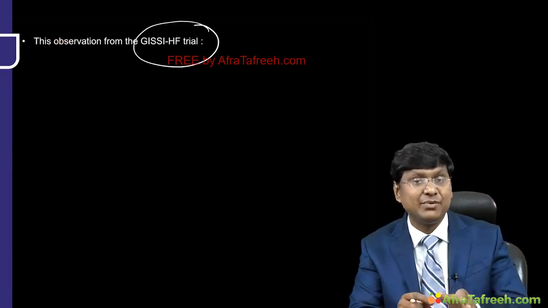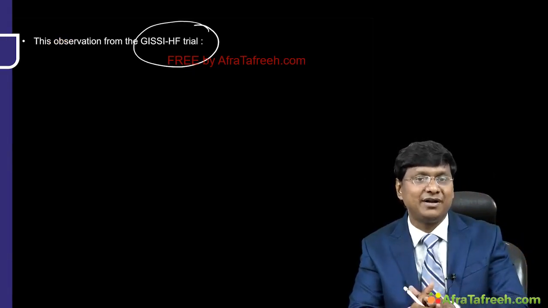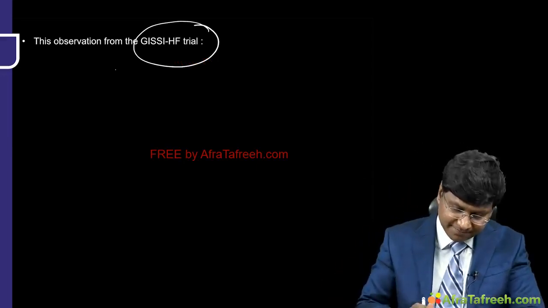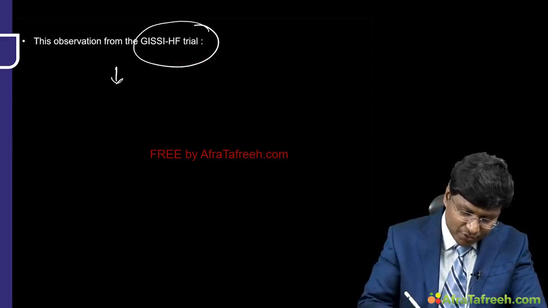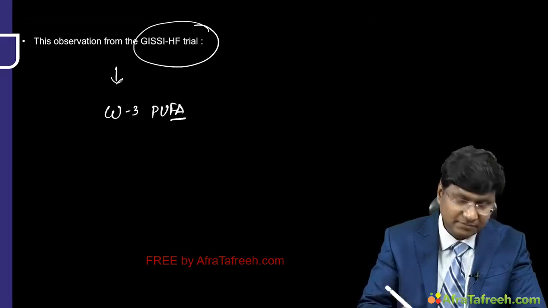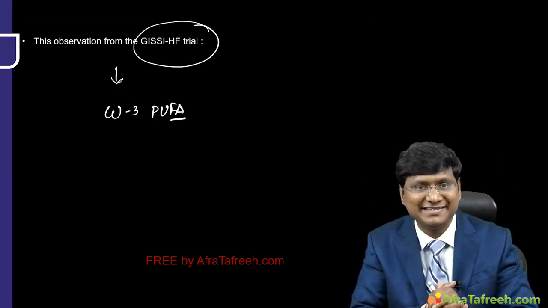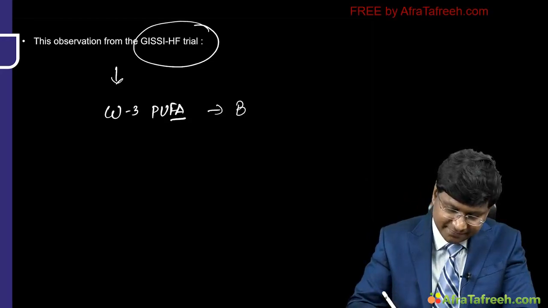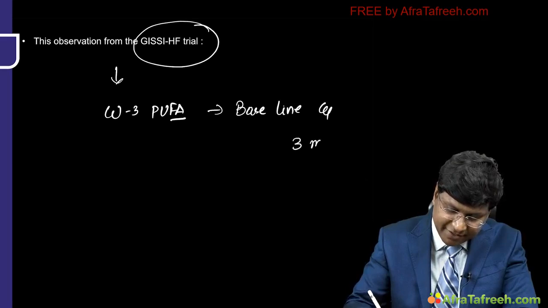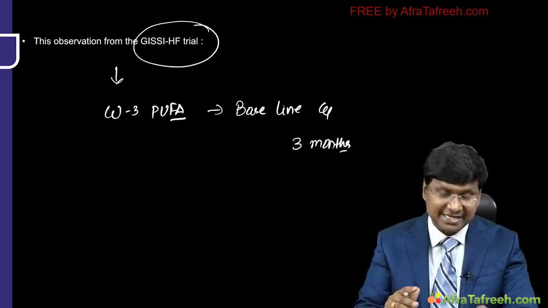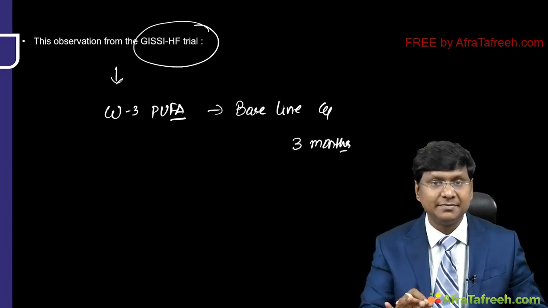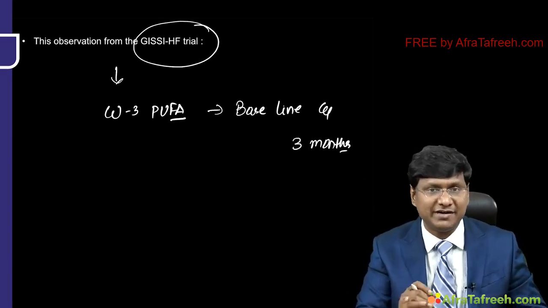This observation from the GISSI heart failure trial was extended to measurement of omega-3 polyunsaturated fatty acid at baseline, what is the level of the phospholipids, and as well as after 3 months, what are the levels of your phospholipids. That was studied by giving these omega-3 polyunsaturated fatty acids.